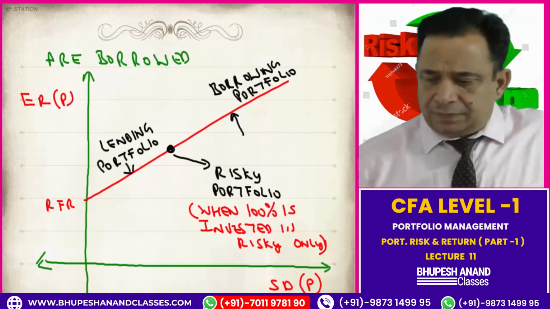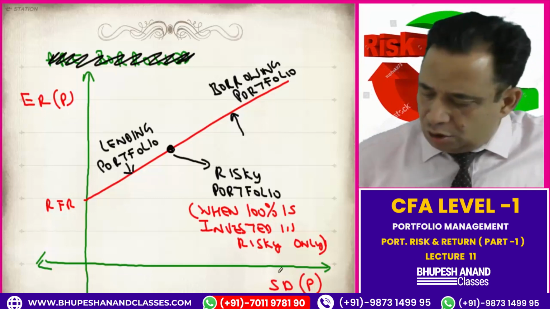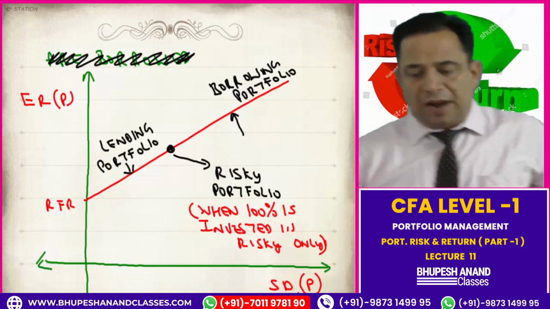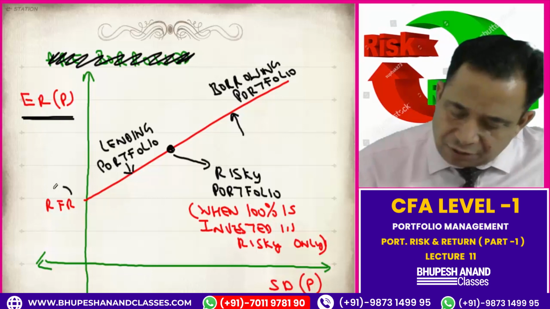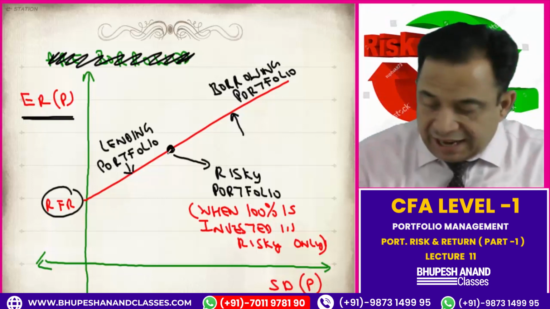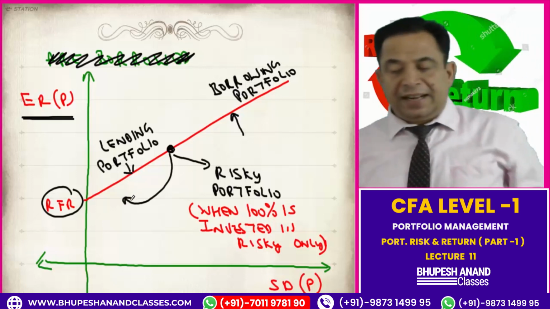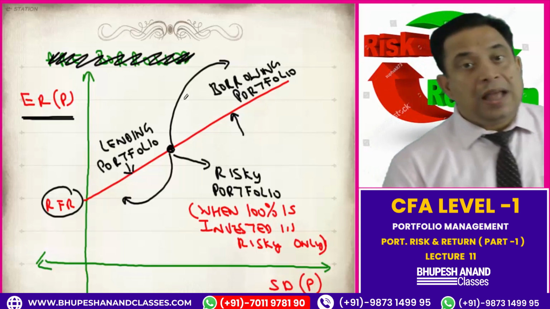Now the point is, on the x-axis, I have taken the standard deviation of a portfolio. On the y-axis, I have taken the expected return of a portfolio. This line will start from the risk-free rate, and this whole line will be named the capital allocation line. The left-hand side will be named the lending portfolio and the right-hand side will be named the borrowing portfolio. What is borrowing?